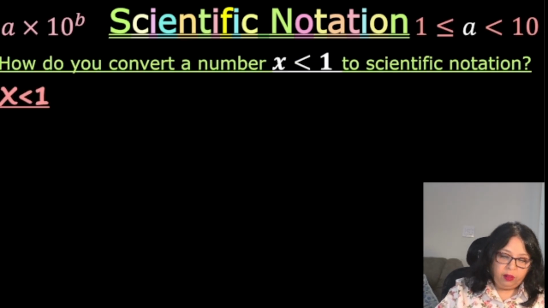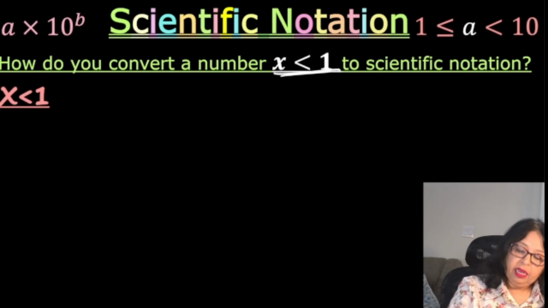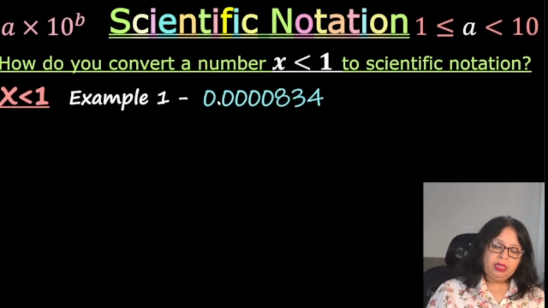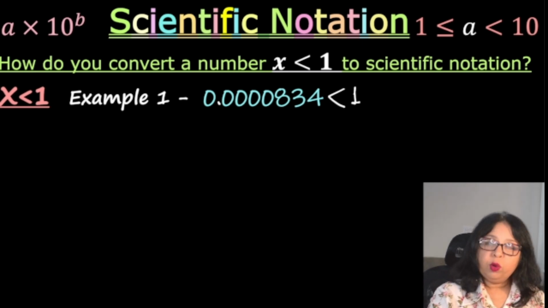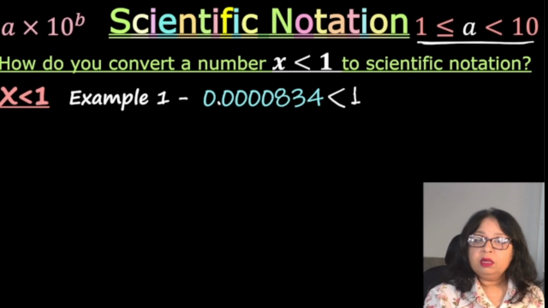Alright, very well. Next, we are going to learn how to convert a very small number, one that is smaller than 1, into scientific notation. This number is obviously much smaller than 1, so we need to bring it within this range. To do that, we need to move the decimal over.